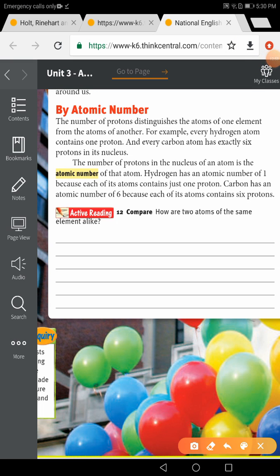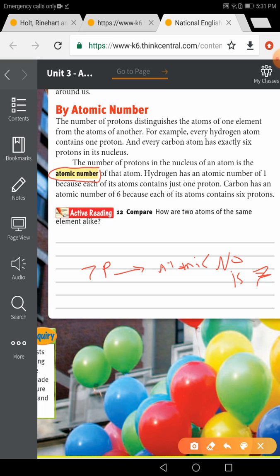Okay, let's continue, guys. We'll talk about the atomic number. What is the meaning of atomic number? It's very easy. The atomic number is the number of protons in an atom, or the number of protons in the nucleus of an atom. So the number of protons represents what? The atomic number. So if we have 7 protons, that means the atomic number is 7.